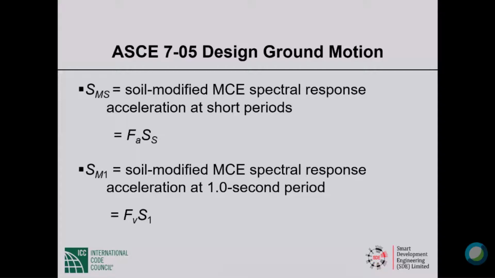That has not changed. S sub S to start with has been corresponding to maximum considered earthquake. We multiply S sub 1, the long period ground motion parameter, by F sub V, obtaining S sub M1, the soil modified long period ground motion parameter, still corresponding to the maximum considered earthquake.